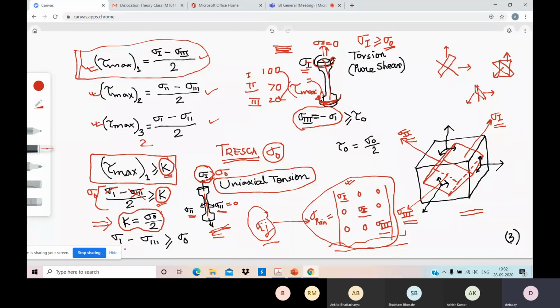Now again come back to the generalized expression. The generalized expression of Tresca's criteria is sigma principal 1 minus sigma principal 3 has to be equal to or exceed sigma naught. And what is your sigma naught? Sigma naught is your yield strength in uniaxial tension.